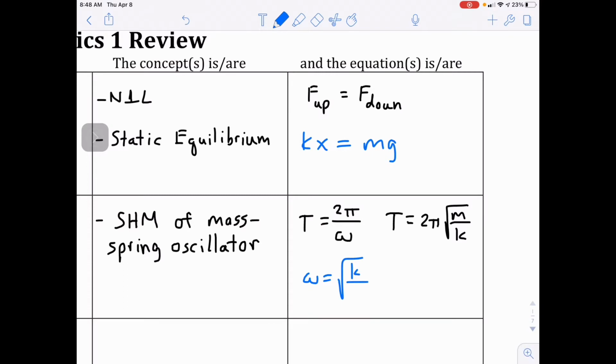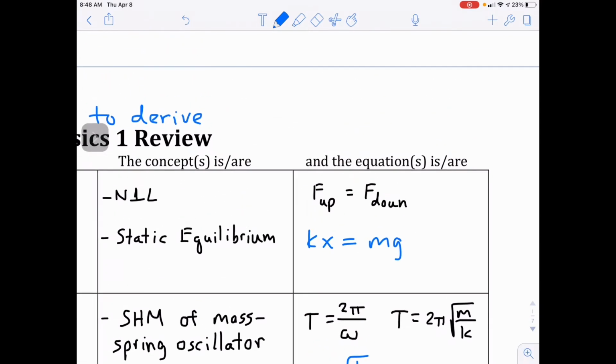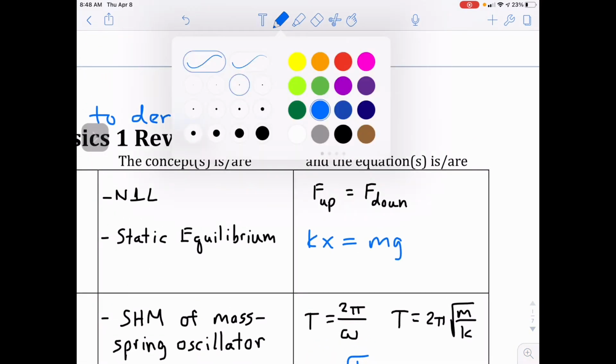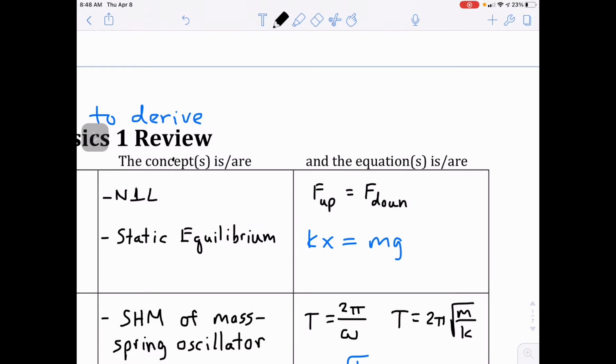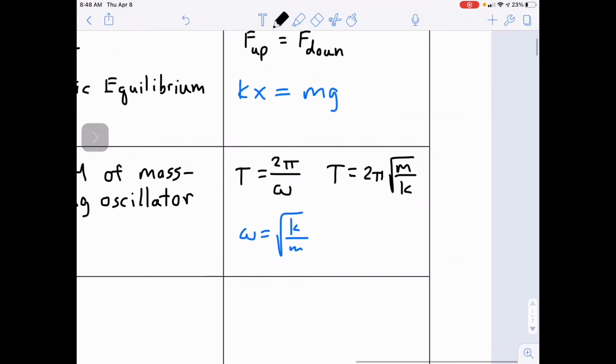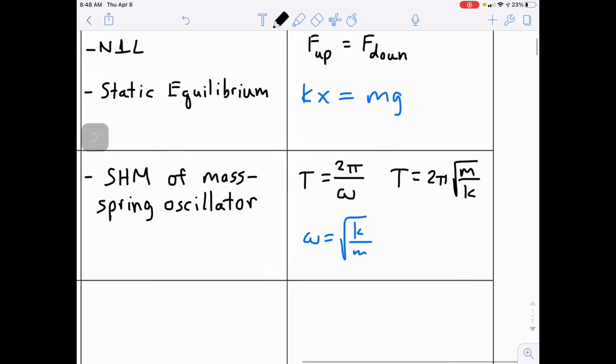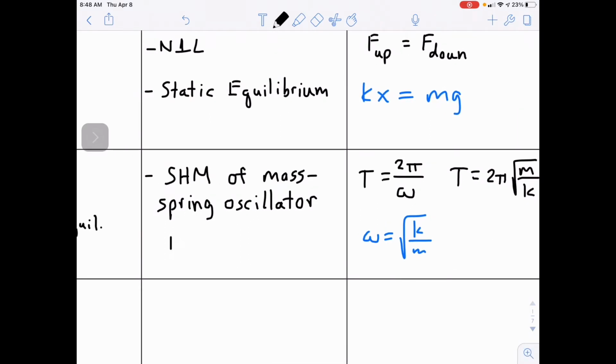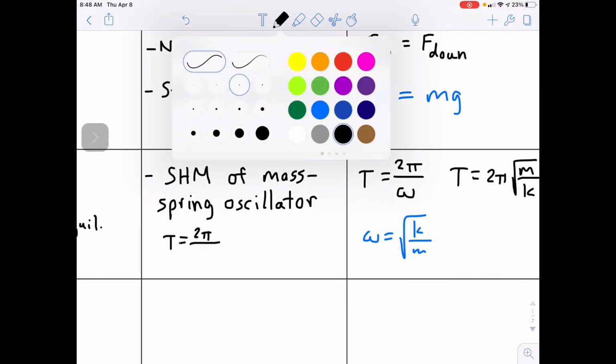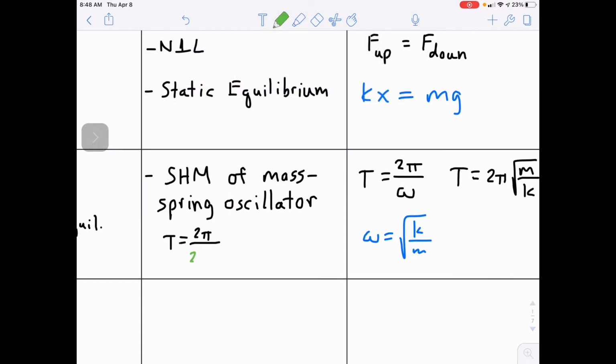Okay. Again, if you see up here, 2 pi over 2 pi times the square root of m over k.